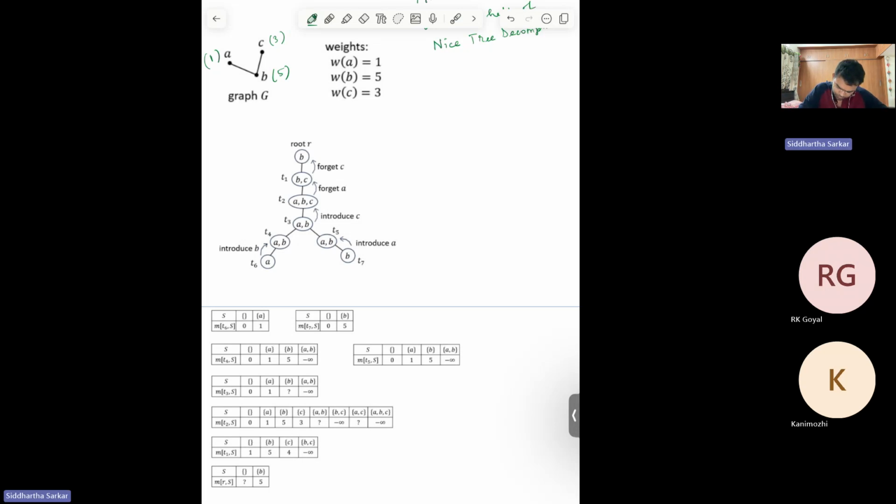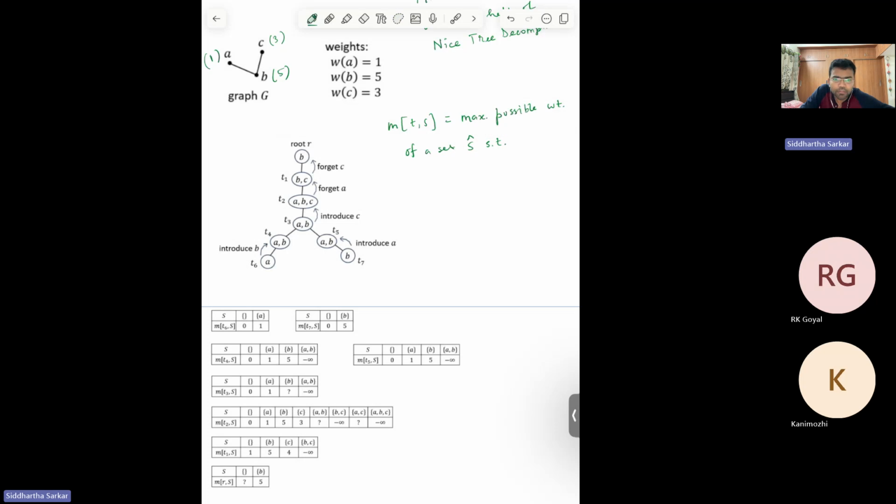Okay, so M of P comma S, yes, it is the maximum possible weight of a set of vertices, of course, S cap, such that, for a vertex, just a second, we should have more space here.